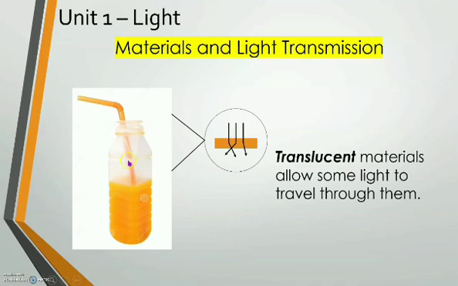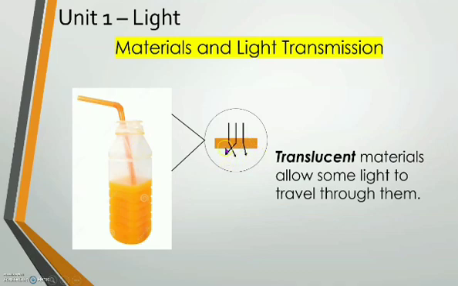This is a translucent material because it only allows some light to go through the material. As we can see, the straw is not very clear, right? The orange juice is also not clear inside, because it only allows some light.